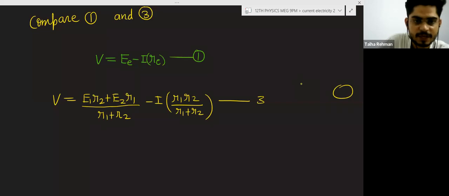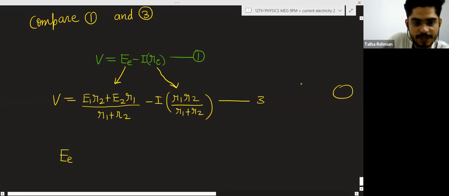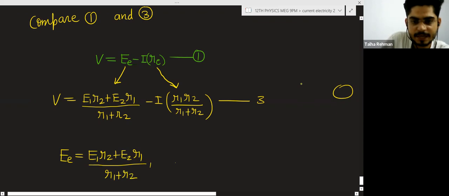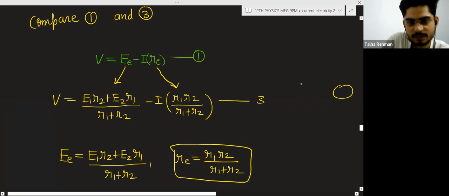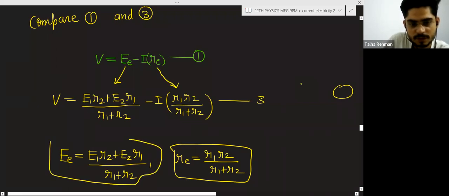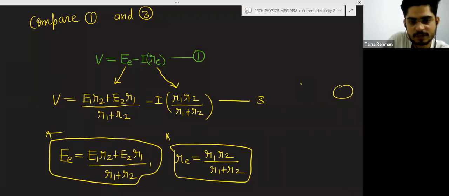So V and V; E equivalent is this, R equivalent is this. On comparing, you will get E equivalent as E1 R2 plus E2 R1 divided by R1 plus R2, and R equivalent as R1 R2 divided by R1 plus R2. So this is your final answer.